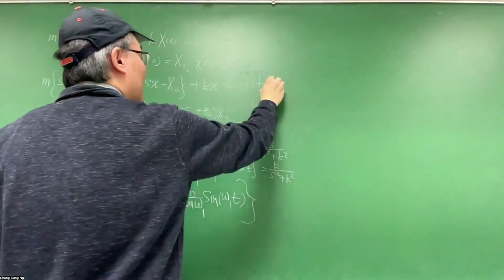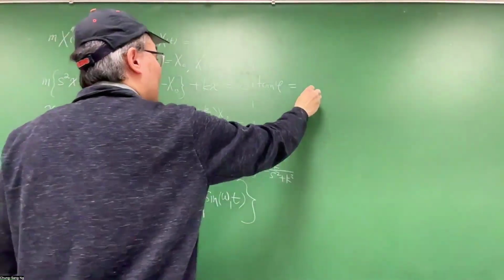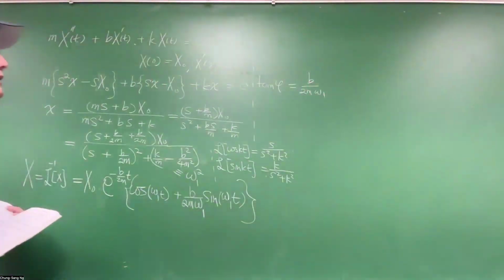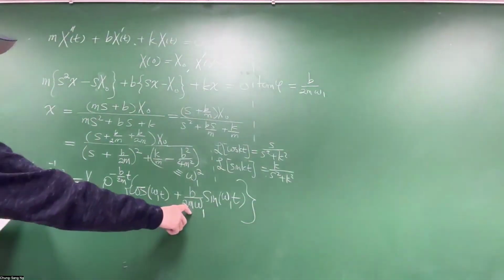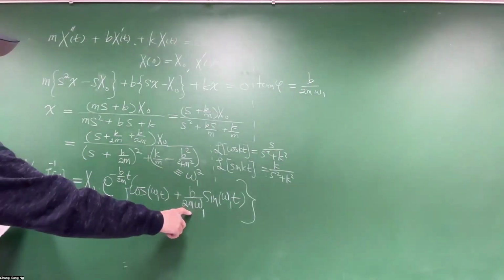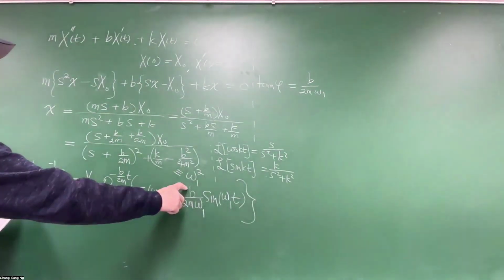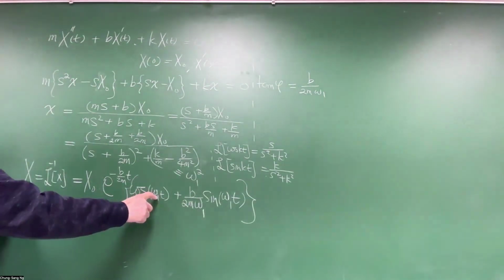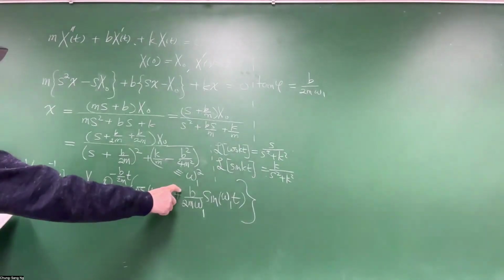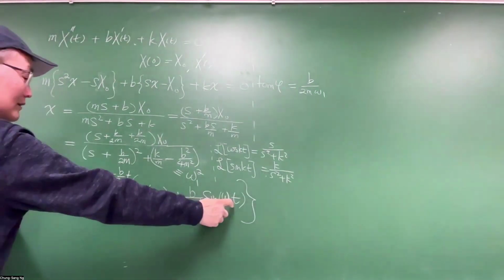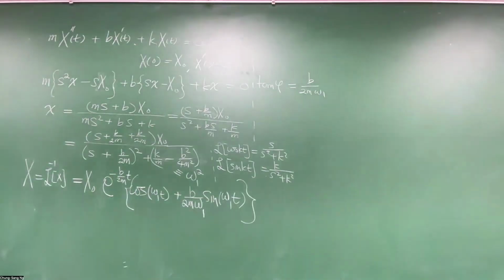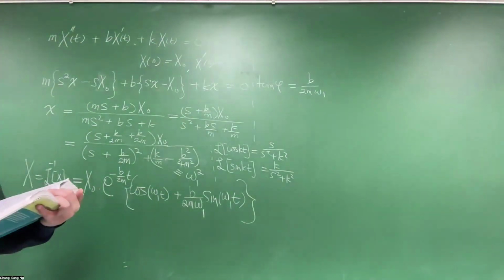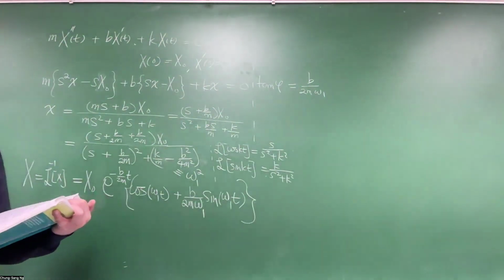Just basically define tangent phi as b over 2m omega sub 1. Okay. So that becomes a tangent, which is sine divided by cosine, right? And then you get the common denominator of cosine out. That becomes cosine omega 1t cosine phi plus sine phi sine omega 1t, which, using the addition formula of sine and cosine functions, is cosine omega 1t minus phi, right?